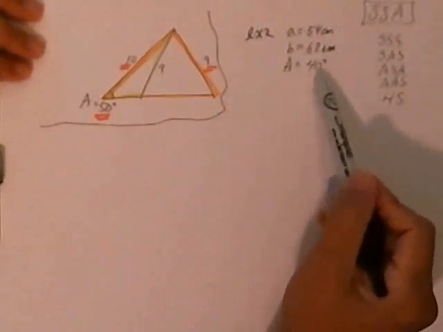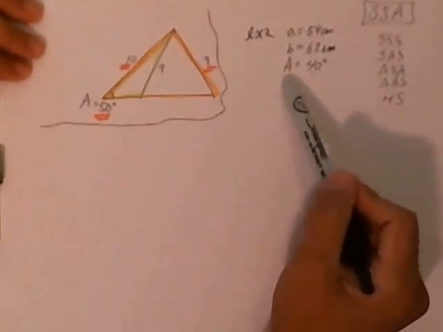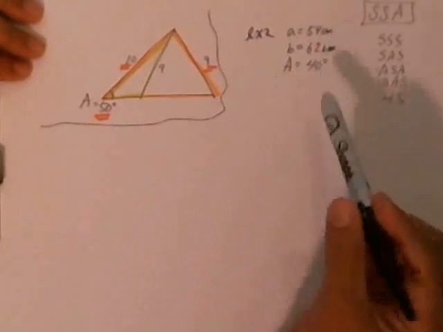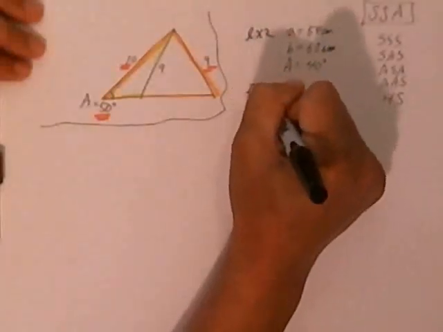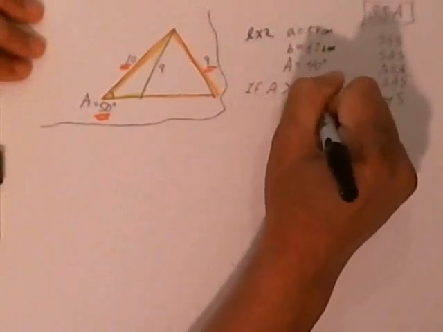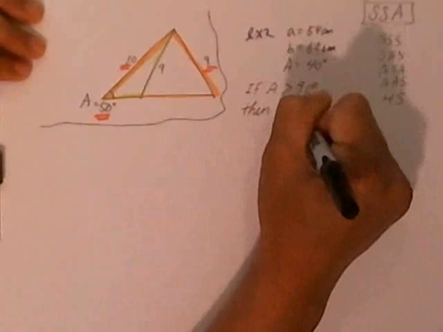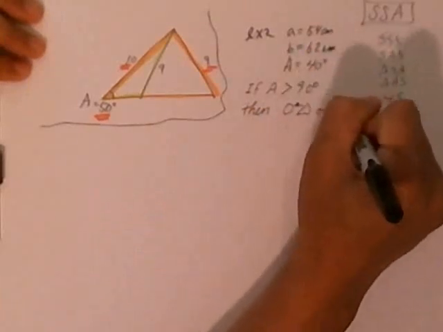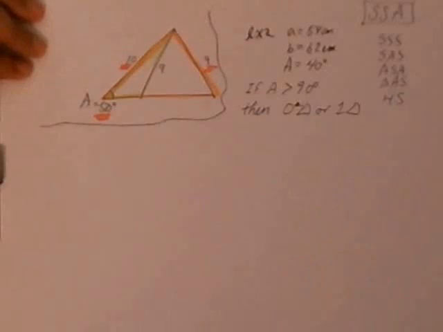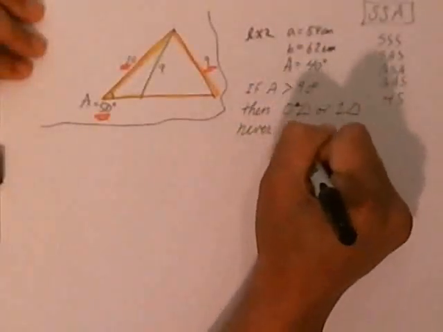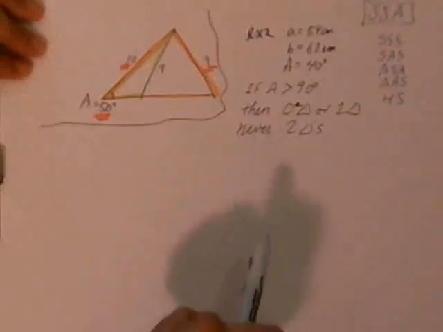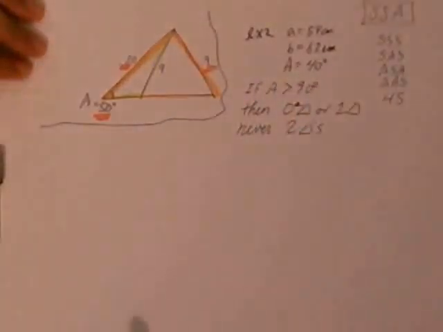Notice also that if A is greater than 90 degrees, then 0 triangles or 1 triangle, but never 2 triangles. So we have the case that angle A is less than 90 degrees, and we'll probably end up with either 0, 1, or 2 triangles.